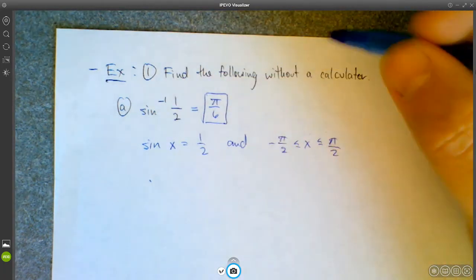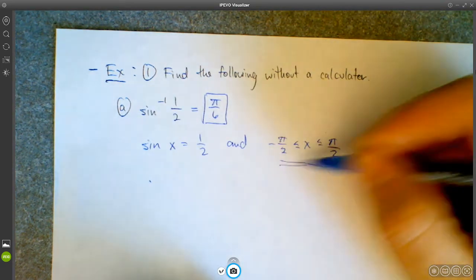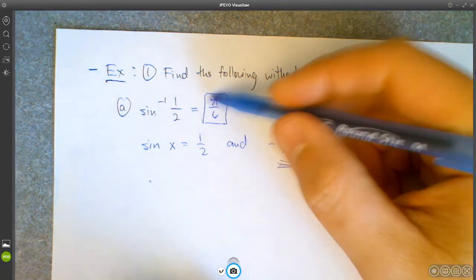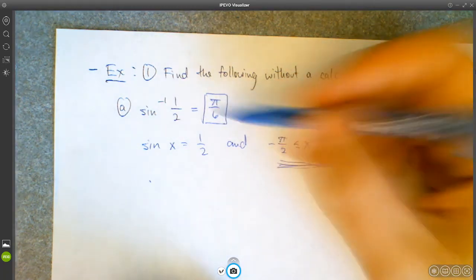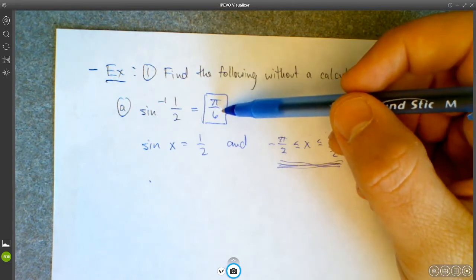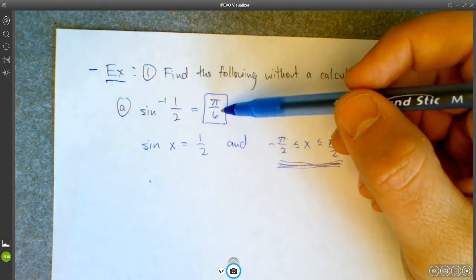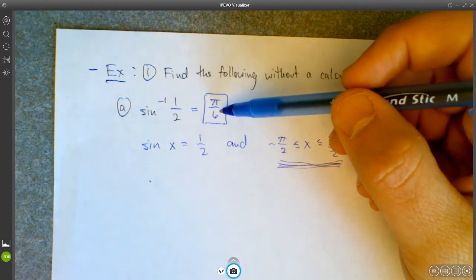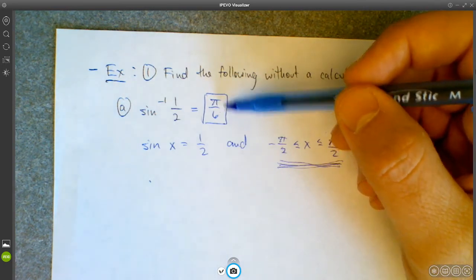What I want to point out to you is that this restriction is very important, because without it, you would have infinitely many possibilities here. Sine of pi over 6 is 1/2, but sine of 5 pi over 6 is also 1/2. And sine of negative 7 pi over 6 is also 1/2. And sine of negative 11 pi over 6 is also 1/2. We could keep going all day.